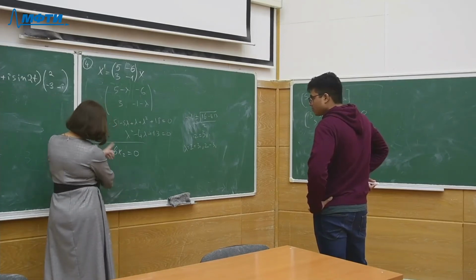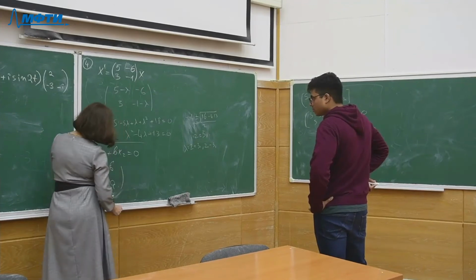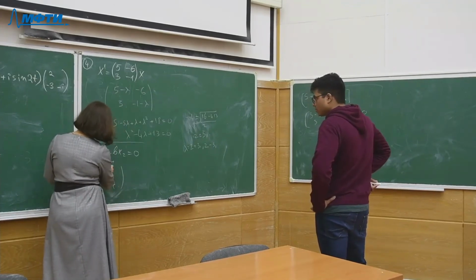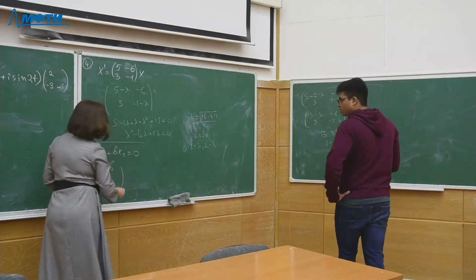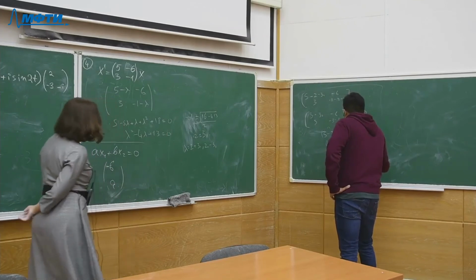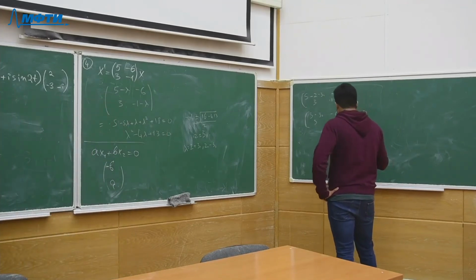You should switch the numbers, so b, a, and change the sign of one of them, for example minus b or minus a. 2 and 1 minus i, correct. So this is an eigenvector now.